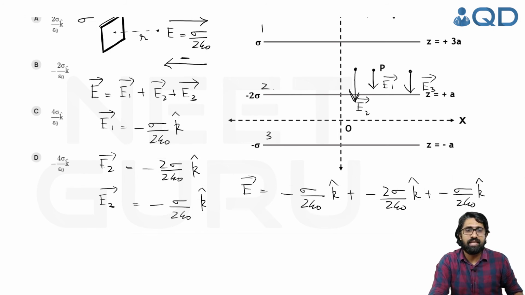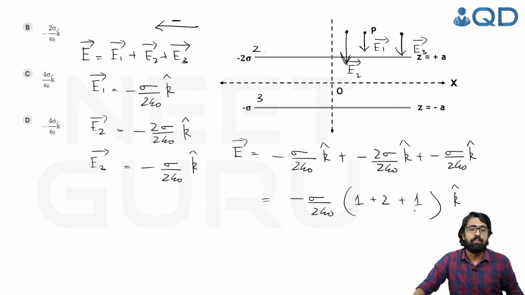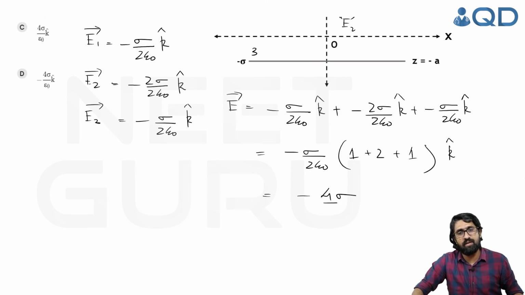Now, if I take the vector sum here, I'll have minus sigma by 2 epsilon naught taken out in common, and then there'll be a k cap, and in the brackets I'll have 1 here, plus 2 here, plus 1 again, and that is minus 4 sigma by 2 epsilon naught k cap.